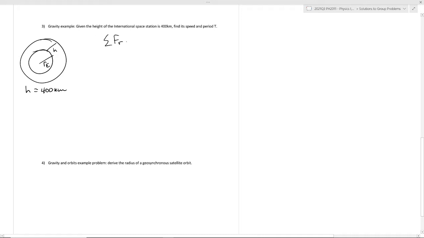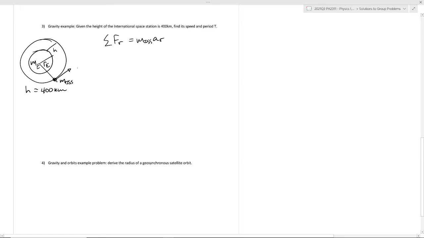If we sum the forces in r, we know that's going to be equal to the mass times the centripetal acceleration, the mass of the space station. Give ourselves a little more detail here. So here's our space station. This is the Earth.